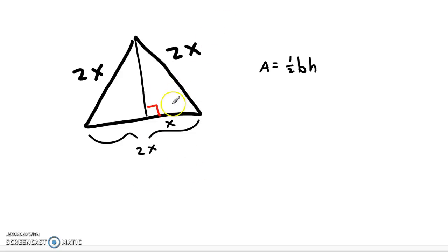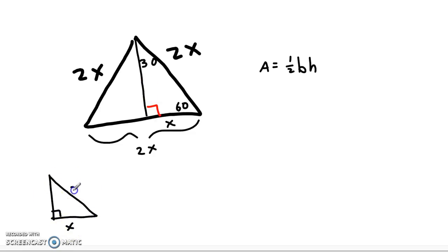Now, if you remember your geometry, then you'll recognize that this is a special right triangle. That is to say, it is a 30, 60, 90 triangle. Using this, we can figure out what this side is. Now, if you don't remember your 30, 60, 90, we'll just make another quick aside and use the Pythagorean theorem.